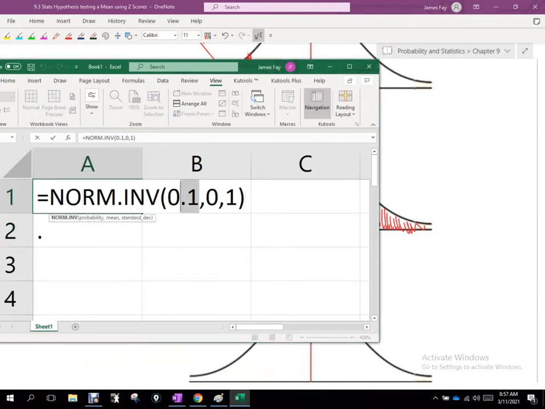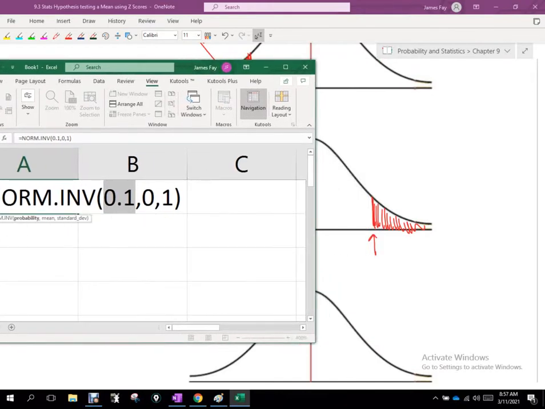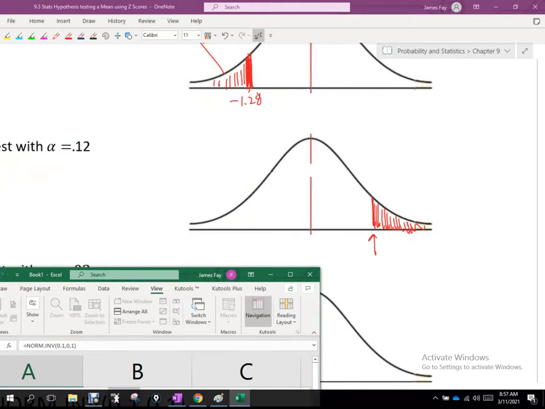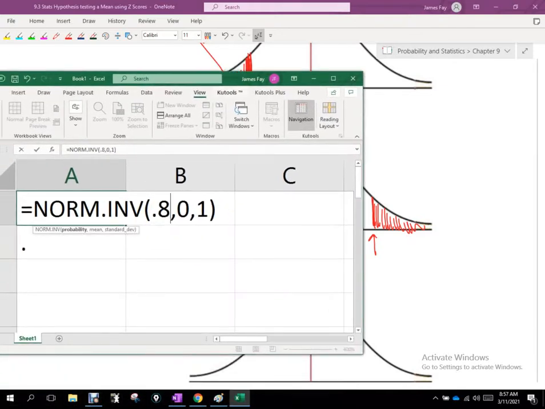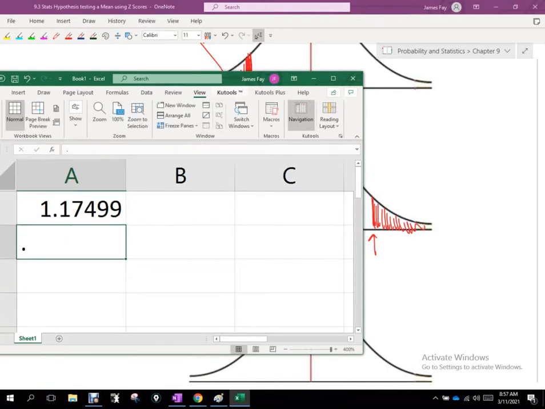Now you've got two options. If I'm using this directly as a left cumulative distribution, then when it says a right-tailed test of 12%, that means the white area needs to be 88%, right? So you type in 0.88, and I get that number right there.